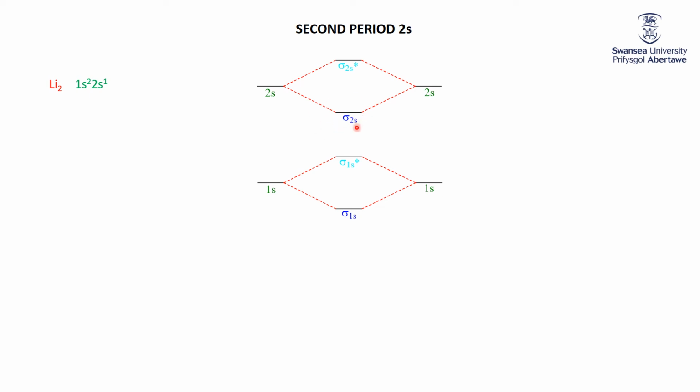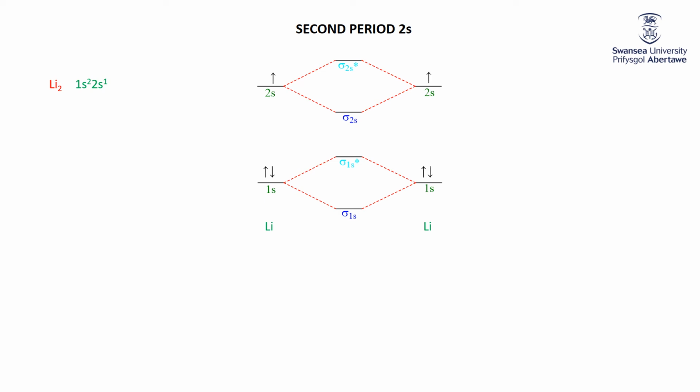We'll get the positive in-phase overlap to give us the bonding orbital, and it will be a sigma orbital, and then we'll have the out-of-phase non-overlap to give me the sigma 2s star. Exactly the same idea, except because the 2s is bigger than the 1s, the sigma 2s will be bigger than the sigma 1s. Pop in the electrons, 1s2, 2s1.